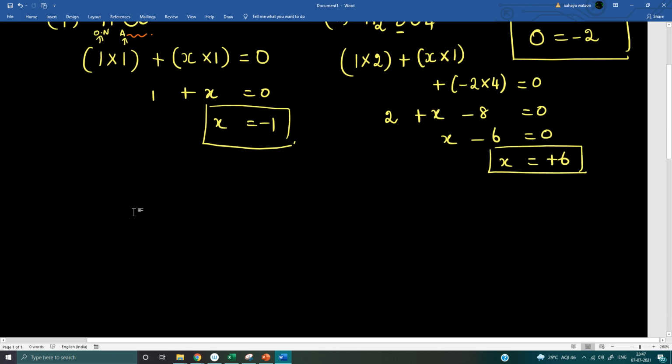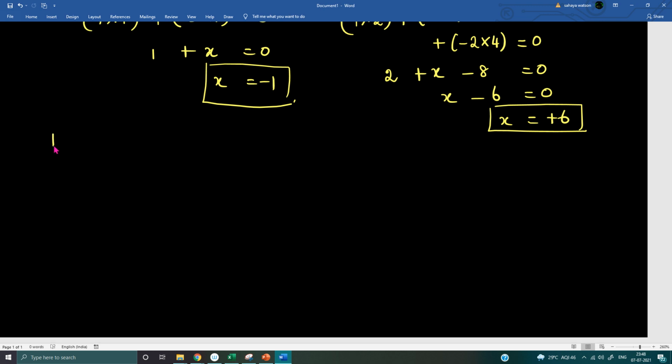So let me give 2 more examples such that you will get a clear-cut idea. I am taking nitric acid, HNO3. Now you have to find out the oxidation number of nitrogen. Because we know the oxidation number of hydrogen is +1, oxygen is -2, but we don't know what N is. So let me substitute.